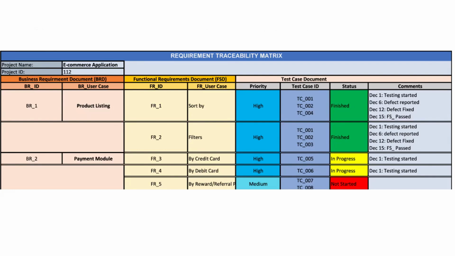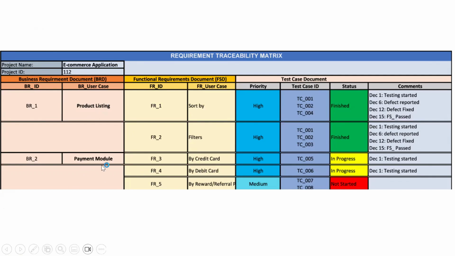Business requirement means what you need to test and why you need to test, why it is important, right? These two things it describes. So, what you need to test means, in this, we are going to test, suppose, product listing. Product listing is a component name, or you can say functionality name, right? That means we need to test product listing.